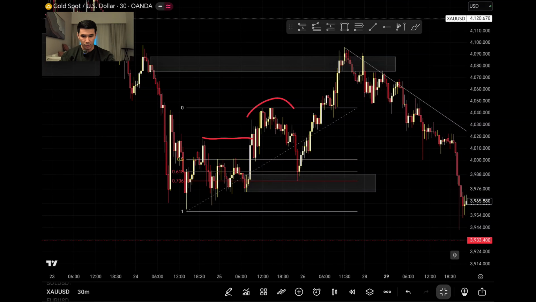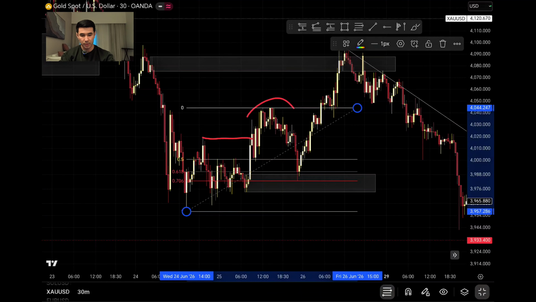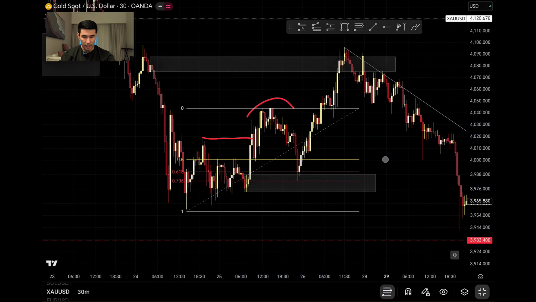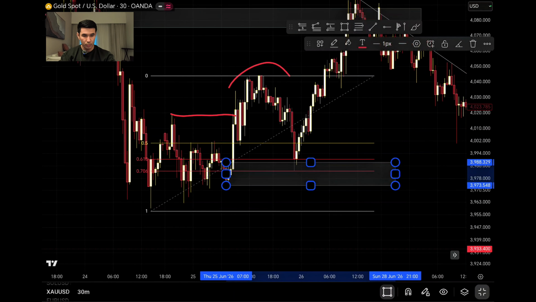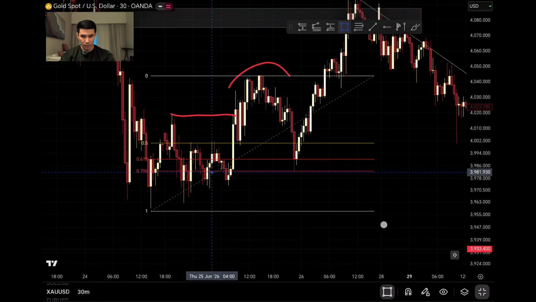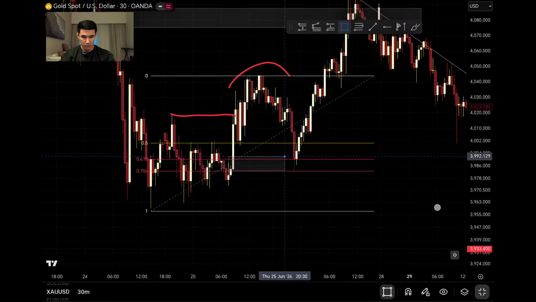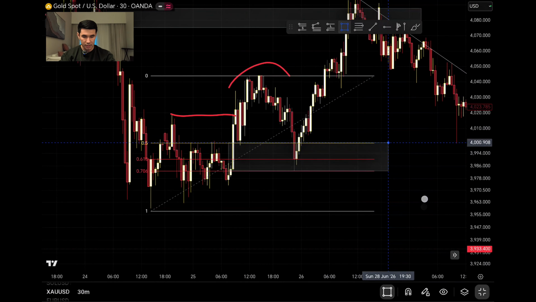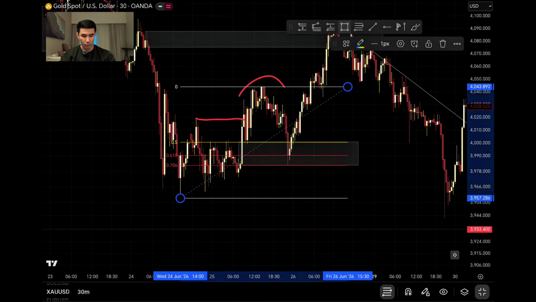You see, like 1 and 0, because 1 should be down if you want to enter buy. So like we put here, as you see, you mark up the Fibonacci golden zone, this 3 golden zone, and it's returning from this golden zone.